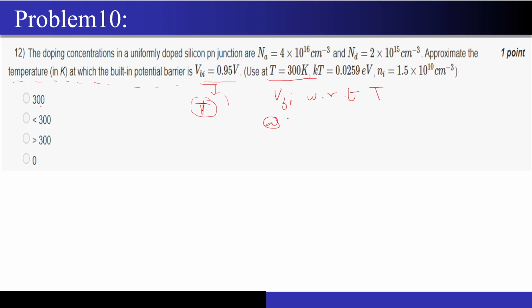So at 300 Kelvin temperature, I will get a certain value, let's say VBI naught. And now this VBI is given as 0.95 volts.